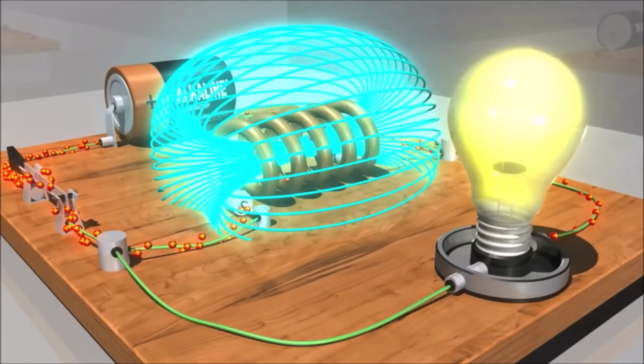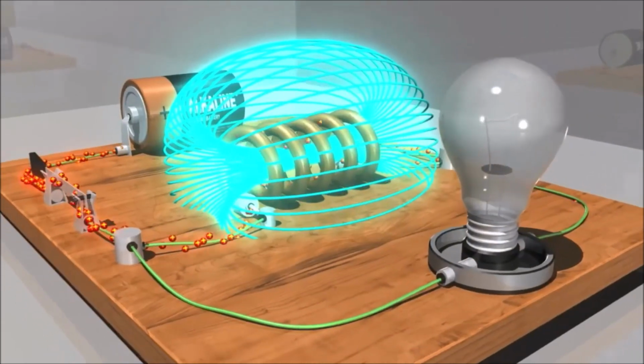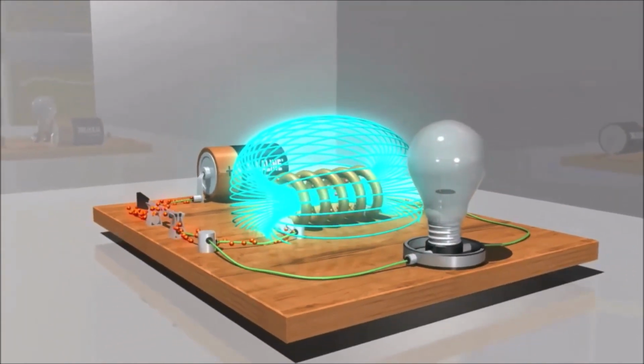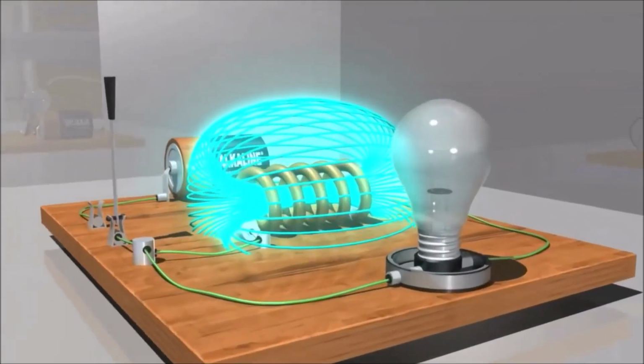Once the magnetic field around the inductor reaches its maximum, the back EMF fades, and the current now favors the path through the inductor because the bulb creates some resistance to the current. The same phenomenon occurs when the magnetic field is shrinking, which happens when we open the switch and stop current flow from the battery.